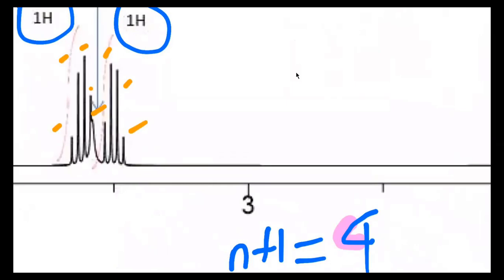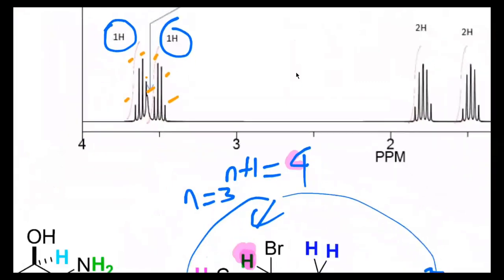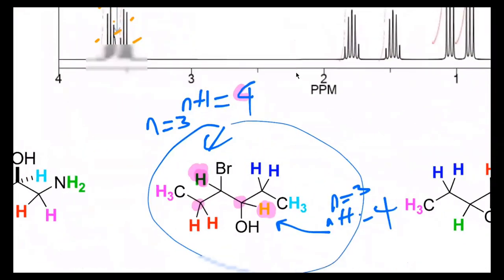So which one do you think is furthest downfield? And think about what causes a proton or signal to shift downfield. What causes that? Next to an electronegative group. Mm-hmm. So an electronegative atom, an electronegative functional group. So which atom is more electronegative, oxygen or bromine? Oxygen. So which signal do you think the orange proton corresponds to?